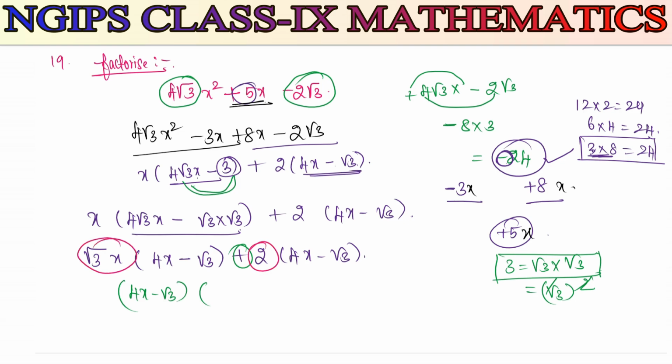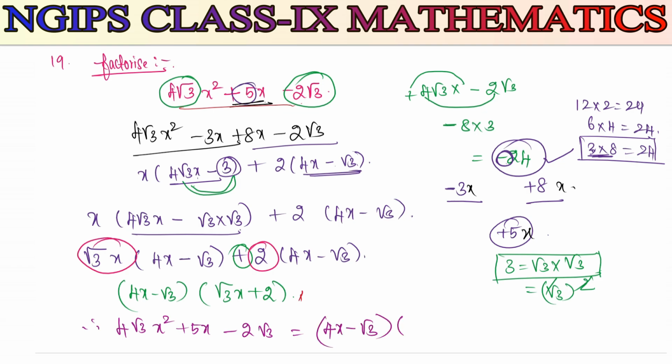So I can write the value root 3x plus 2. Now these are the factors for the given expression. Therefore 4 root 3x square plus 5x minus 2 root 3 is equal to 4x minus root 3 into root 3x plus 2. So this is the final factors.